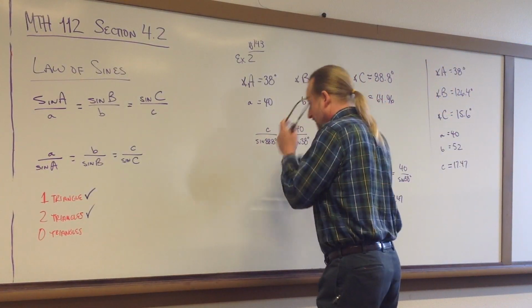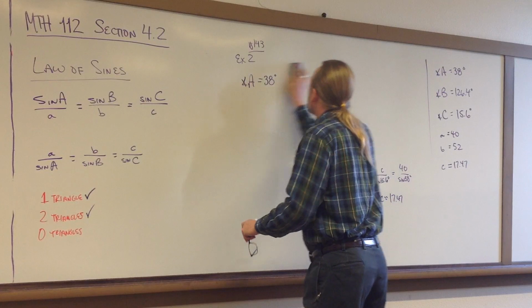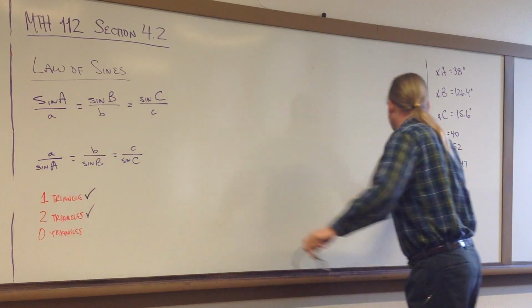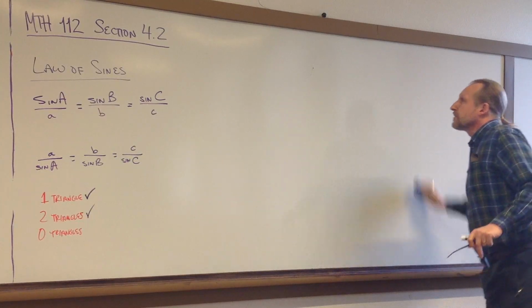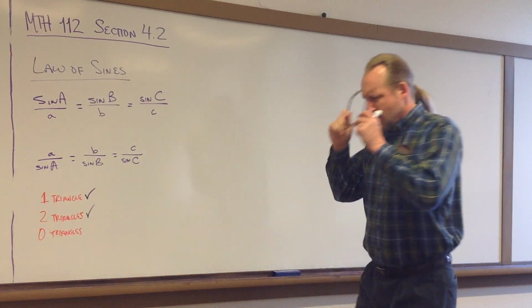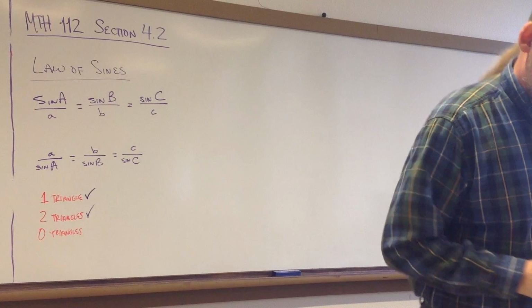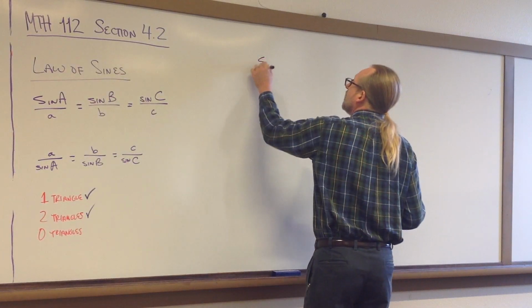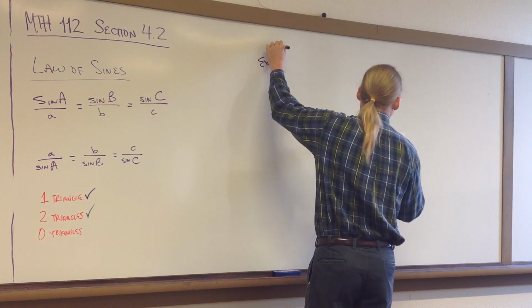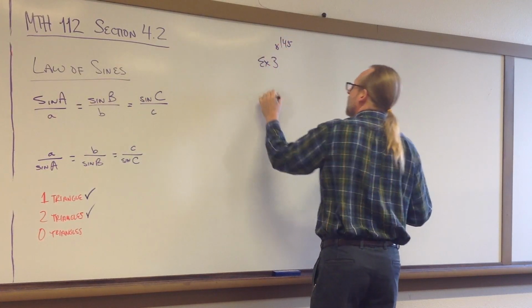Example 3. You could probably guess that this is going to be the one where we have 0 triangles. No possible triangles. All right. Example 3 on page 145.